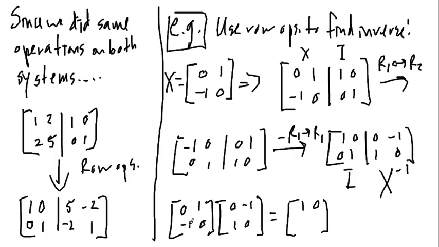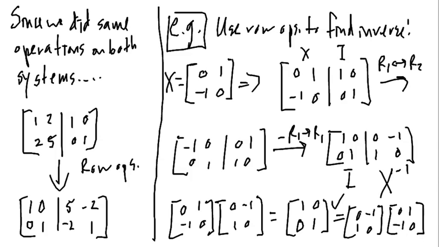And the second row times the first column is negative 1 times 0 plus 0 times 1, which is 0. And the second row times the second column is negative 1 times negative 1, which is 1, plus 0 times 0, which is 1. Great, that checks out. And I encourage you to check that the opposite direction also works. So that's an example for you.